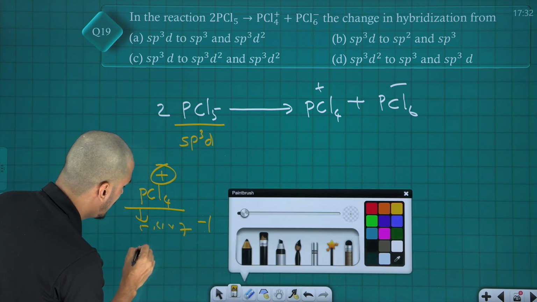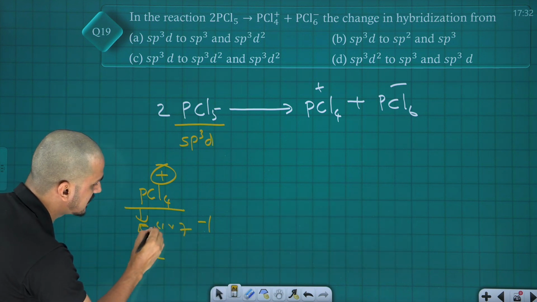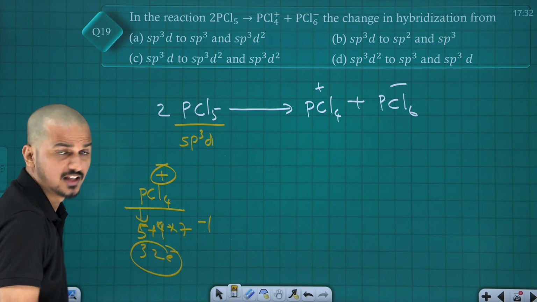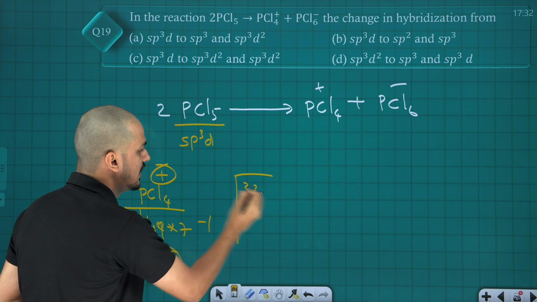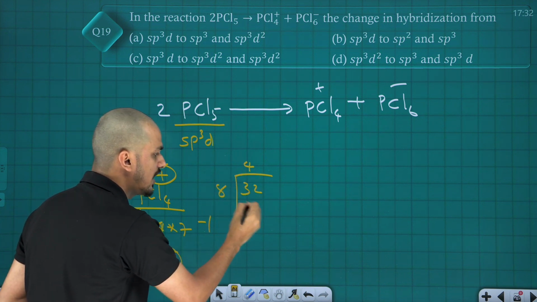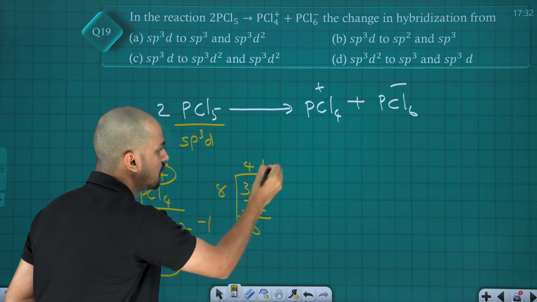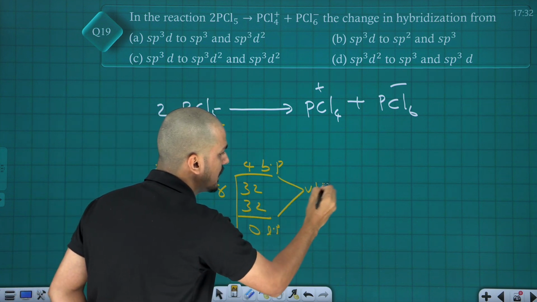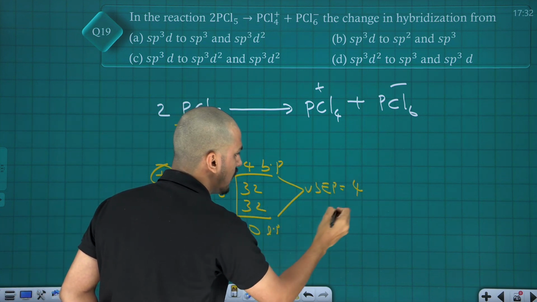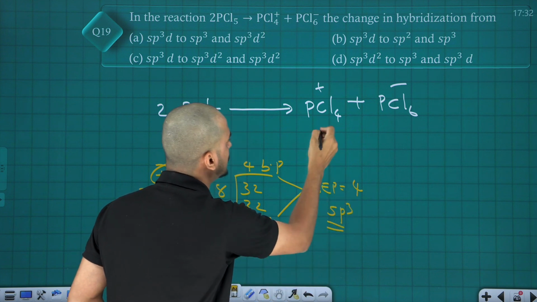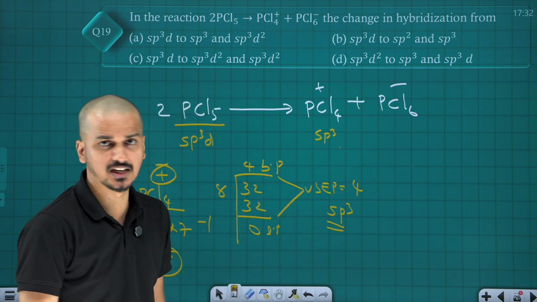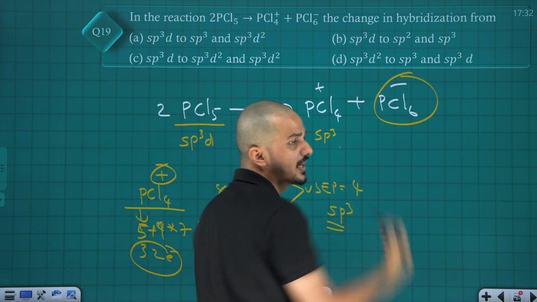So 32 valence electrons are there. 32 divided by 8 means 4 eights are 32, remainder is 0. 4 bond pair, 0 lone pair. Adding, VSEPR number equals 4, which means sp3 hybridization.